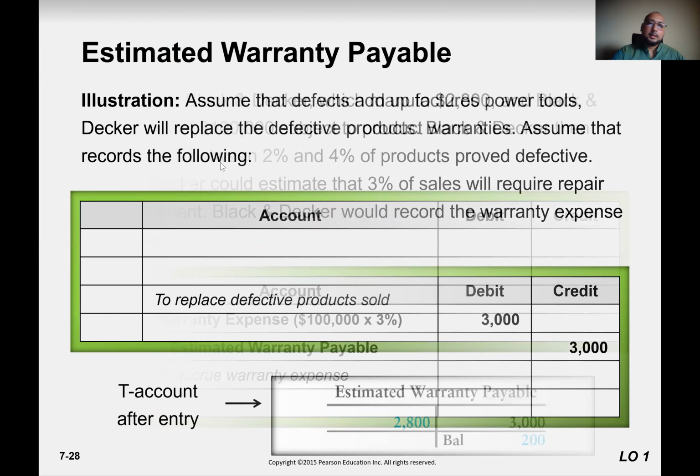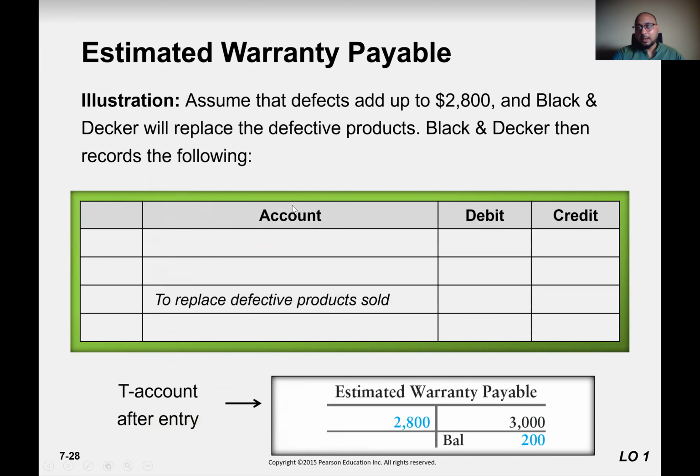Right? Now, what happened? Assume that all the defects add up to 2,800, and we created an estimated warranty liability of 3,000. Now claims are of $2,800.